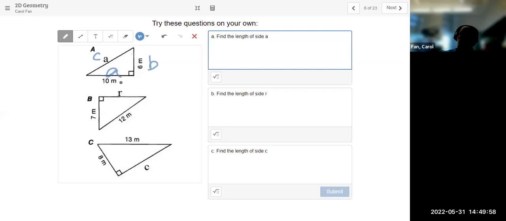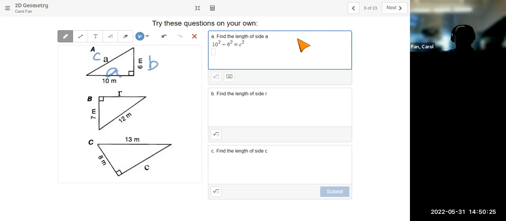Now, the first question is a bit tricky because what's labeled A is actually the C, or the hypotenuse. So even though it's given that name, we can still express it as A, but we have to put it in the position of the C. So I have 10 squared plus 6 squared is equal to C squared.